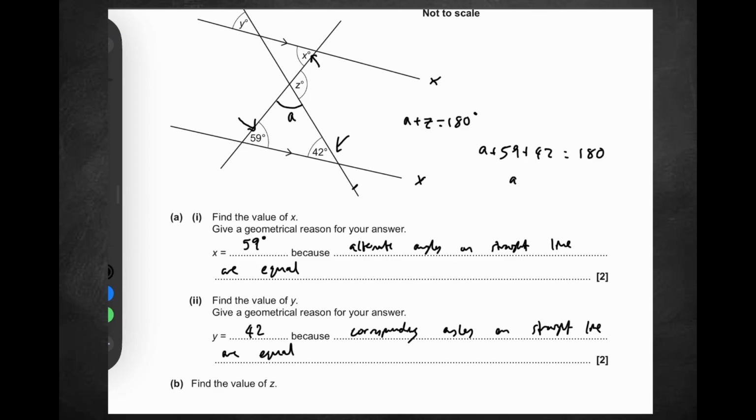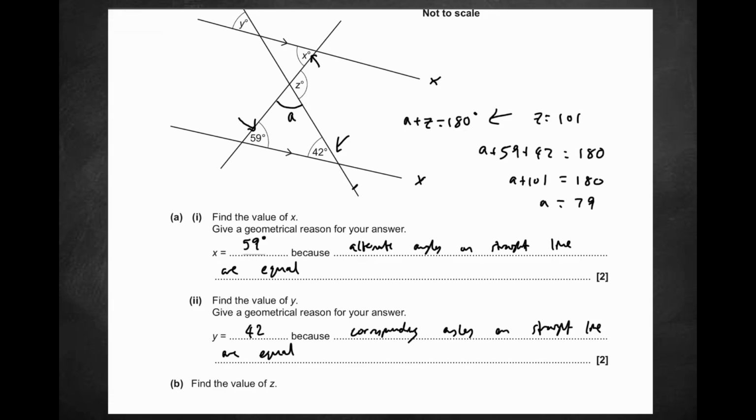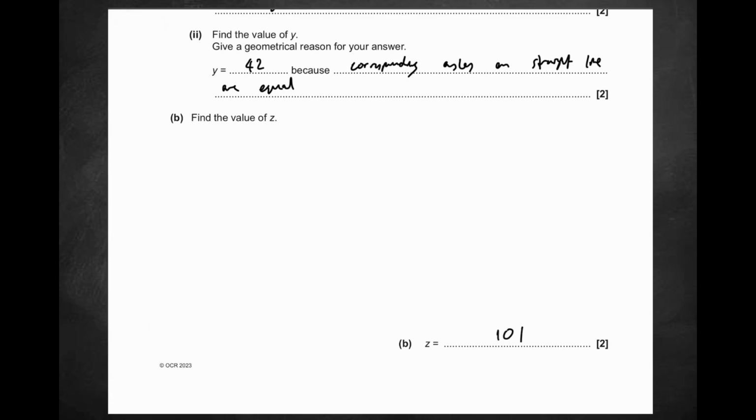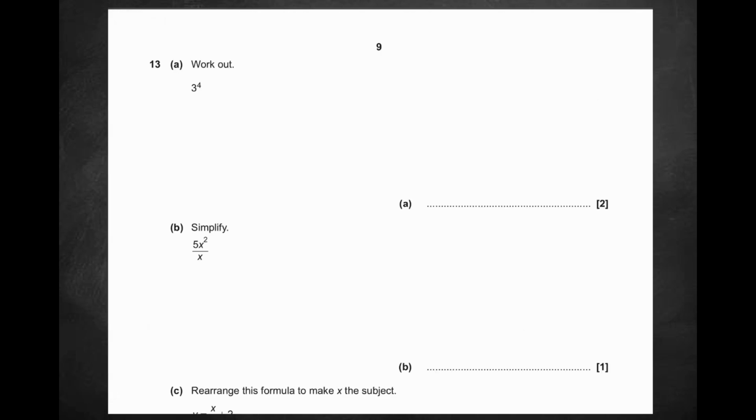So we're going to have A plus 101 equals 180. Therefore, A is going to equal 79 degrees, which means z is going to equal 101 degrees.